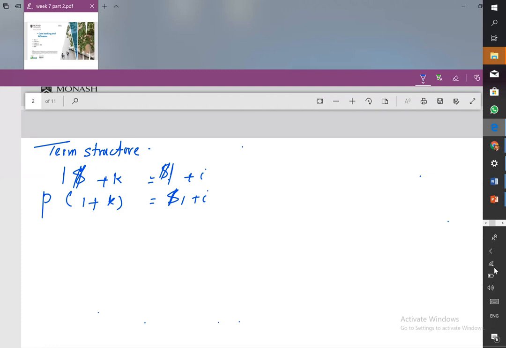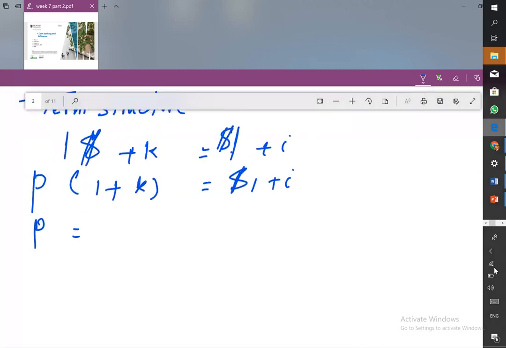And therefore, I can calculate the probability of payment, B, which is 1 plus I over 1 plus K.